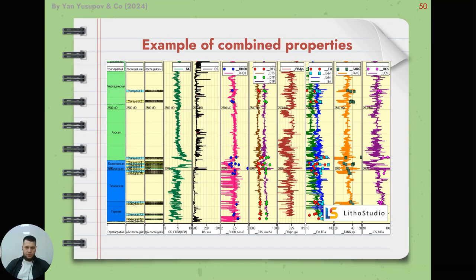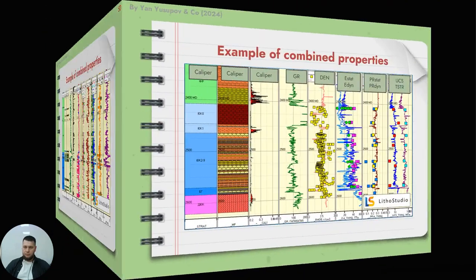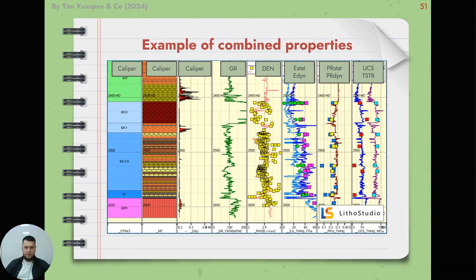The combined properties include gamma ray, caliper, density, slowness of P and S wave, dynamic Poisson ratio, static and dynamic Young's modulus, friction angle and unconfined compressive strength. This is another example of combined properties calibrated on core data.